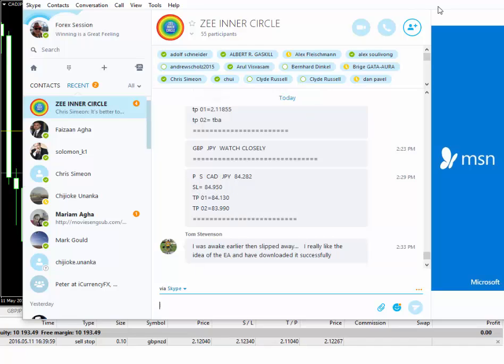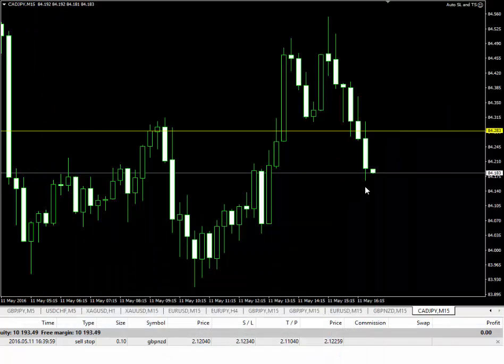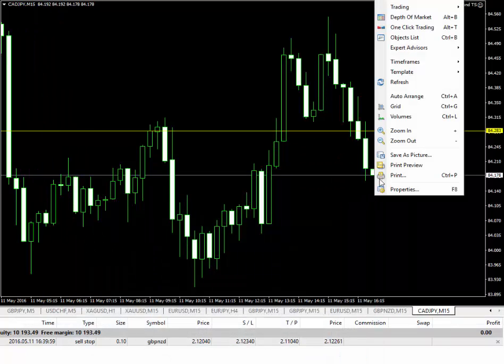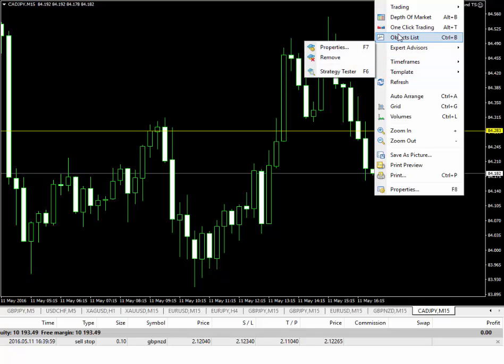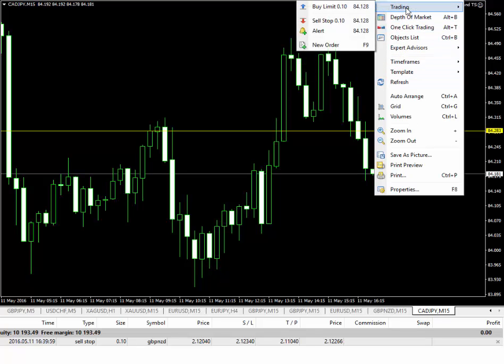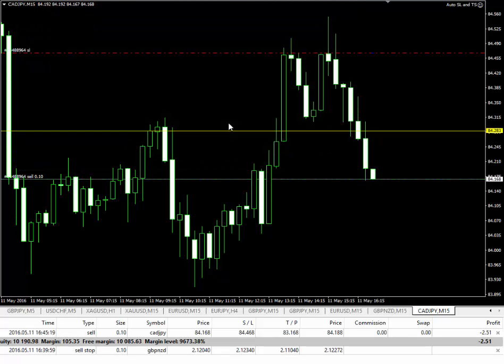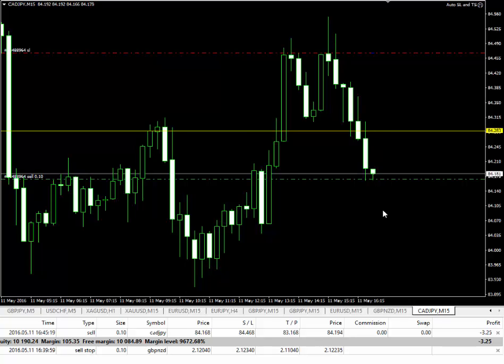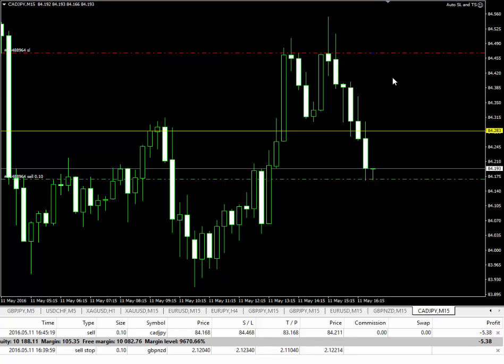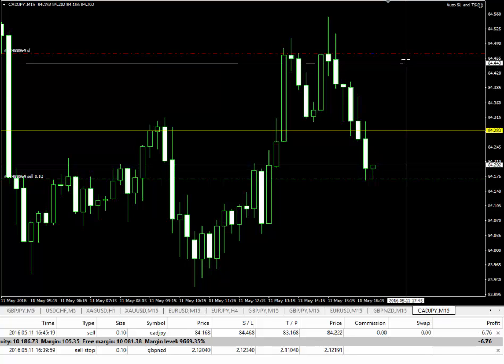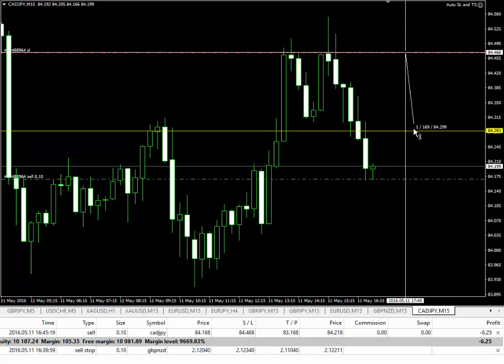Okay, now let's just say here the market is going down. What I'm going to do, I'm going to go to trading, new order. I will just place sell. Now this is a market order. Since I placed the market order sell, it has placed the stop loss, let me see where it is, 29, 30 pips.